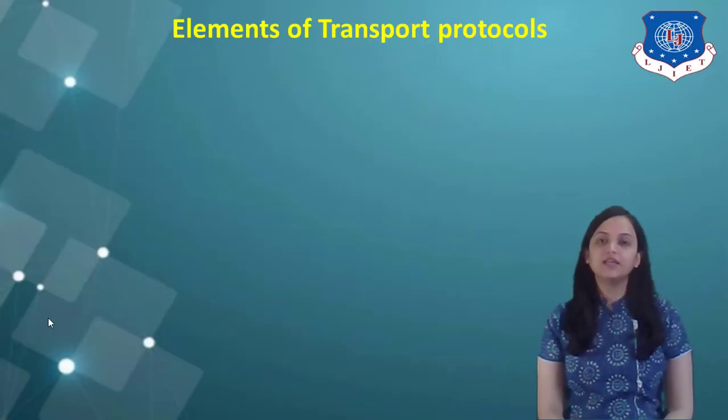Now let's see elements of transport protocols. Now you need to differentiate transport layer services and elements of transport protocols. They are different from each other, but some of the content will be the same.